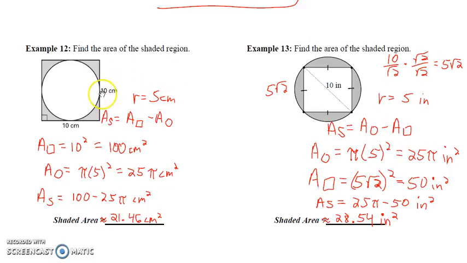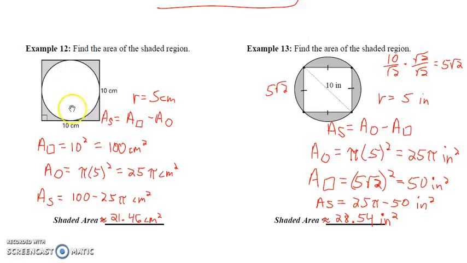Well, what's the area of the square? Well, that's 10 squared, side squared, so that's 100. What's the area of the circle? Well, if you recall, the area of the circle is pi r squared. So look at this square. The circle is inscribed inside the square. If this side of the square is 10, wouldn't this imaginary line that I'm drawing right here be 10 as well?